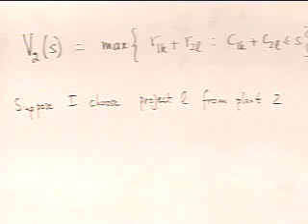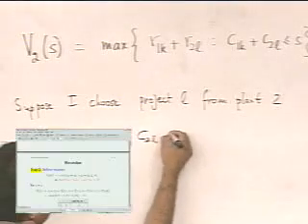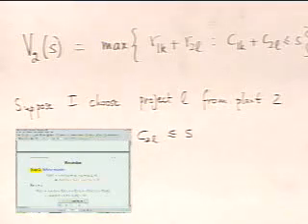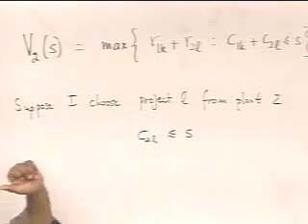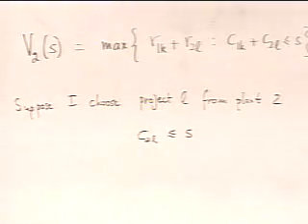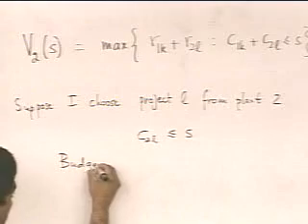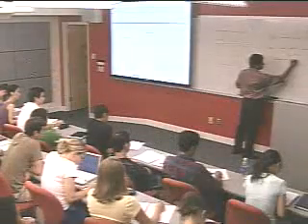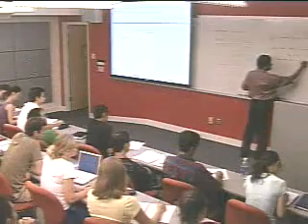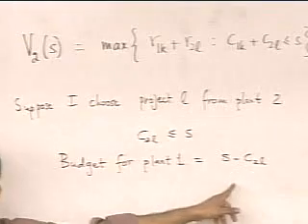S. So I must have the constraint that C2L must be less than or equal to S. Now, if I decide to choose a particular project with cost C2L, how much money do I have left for plant 1? S minus C2L. So the budget for plant 1 is going to be S minus C2L. And what is the best revenue that I could generate using this money?